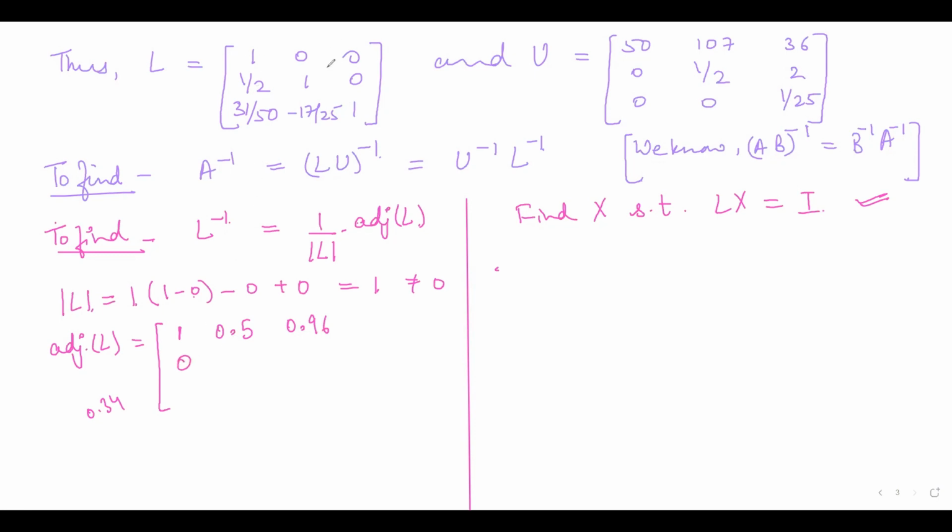And here this would be nothing but just 1. So lastly, I'll get here 17 upon 25, which in decimal format is 0.68.